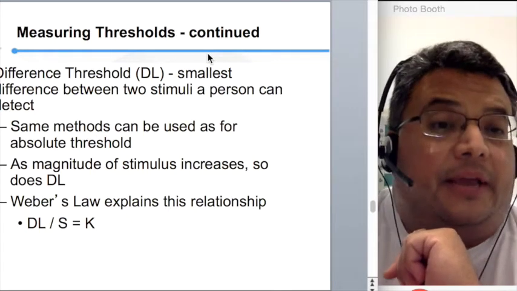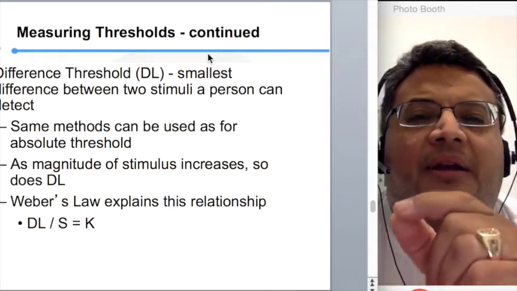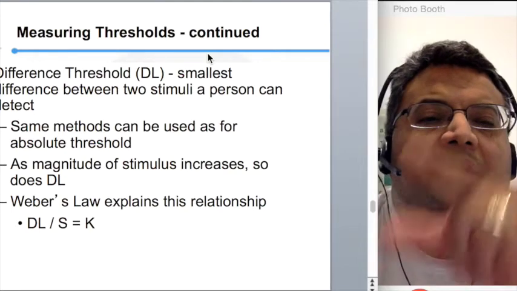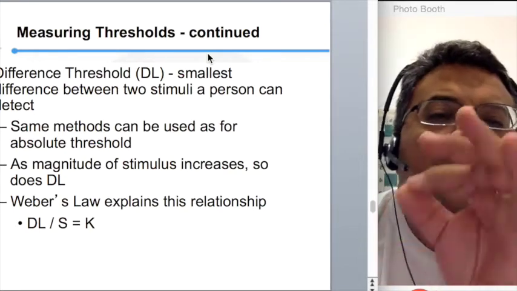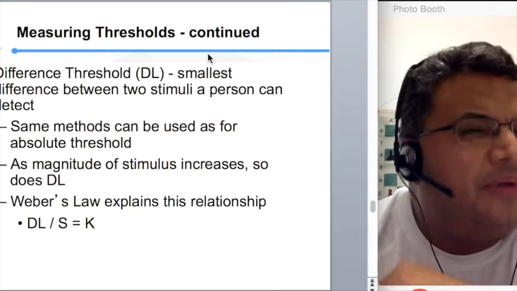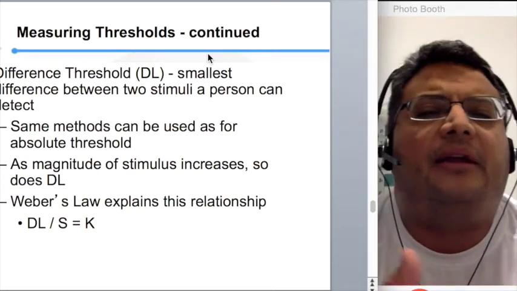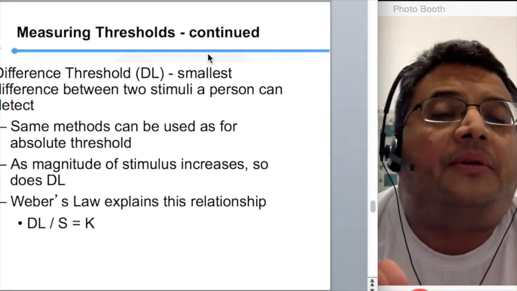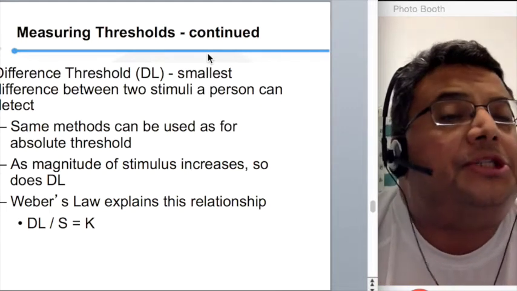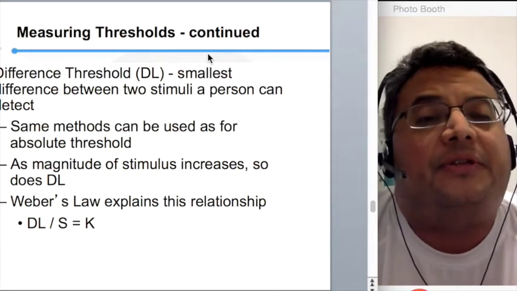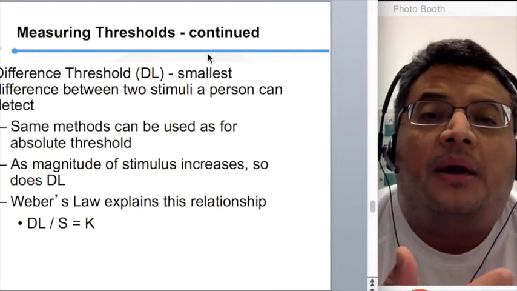It's going to feel the same. Then if I add another and another and another, I'll keep adding grains of sugar. At some point, you're going to be able to say, yes, that is heavier, it has changed. That's the threshold. Then I would measure how much sugar I had added, and that would be the difference threshold for that amount.